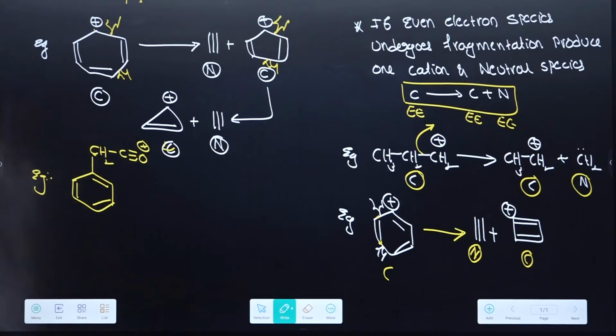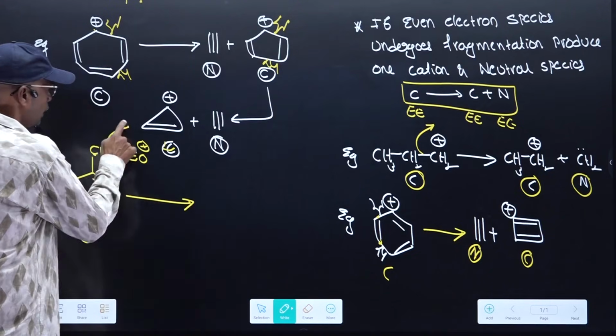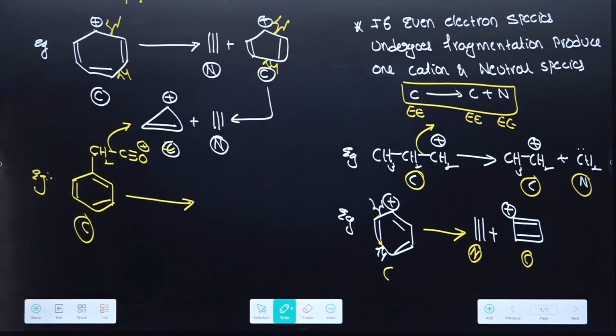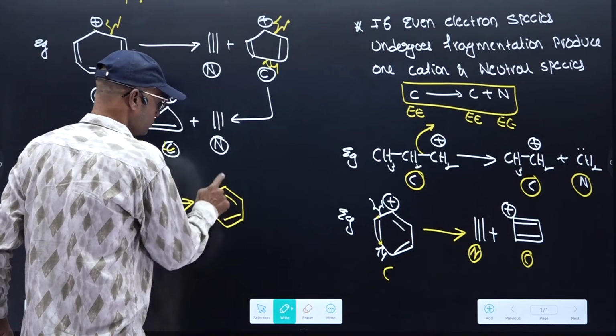Is it even electron or odd electron? Even or not? Yes, it is an even electron cation. Now if I do heterolytic fission here, what will you expect? You will get CO in the form of cation or anion.